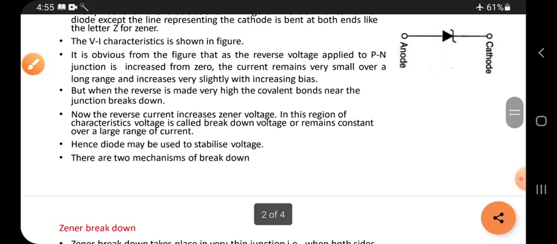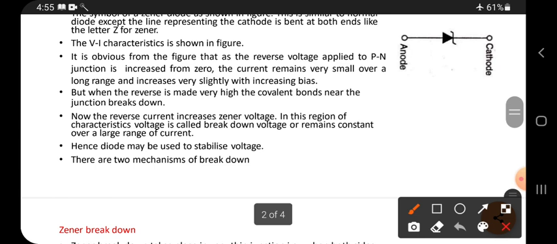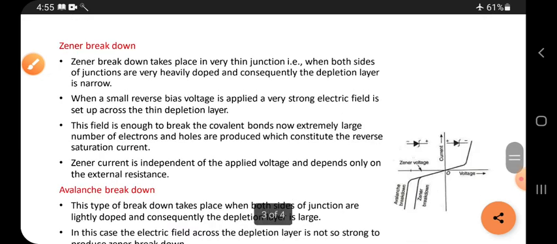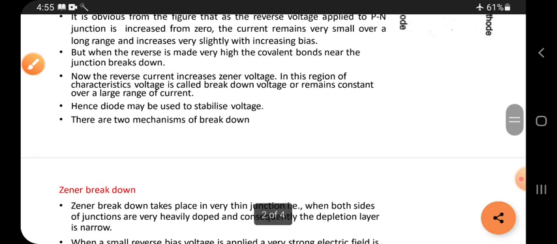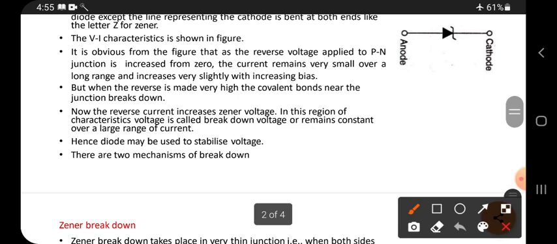It is obvious from the figure that as the reverse voltage applied to the PN junction is increased, we only have to observe the reverse bias, not the forward bias. Why? Because the Zener diode works in reverse bias only, not in forward bias. So that is why here we have to speak about the reverse bias.